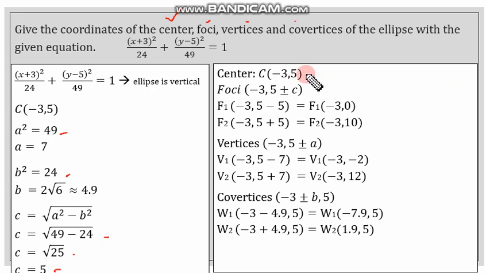Now the center is at negative 3, 5. Our ellipse is vertical.